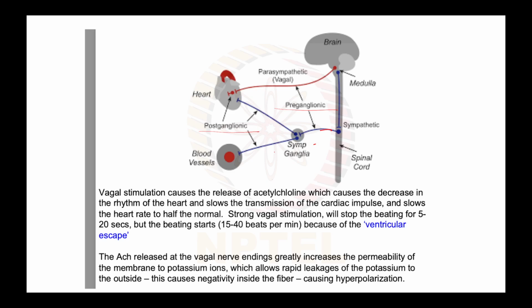From the brain, the signal is carried in the form of the parasympathetic nervous system. And then the sympathetic signal, which is raised by the medulla oblongata, does not go directly to the heart, but is carried away by the spinal network, present at the thoracic region, T1, T2, T3, and T4.